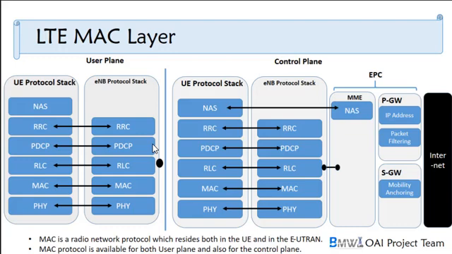I remember the user plane doesn't have the RRC layer and NAS layer. Oh, you mean in the user plane there is no RRC? Yes, because the RRC's main function is for control, carrying control information, and NAS also doesn't exist in the user plane.